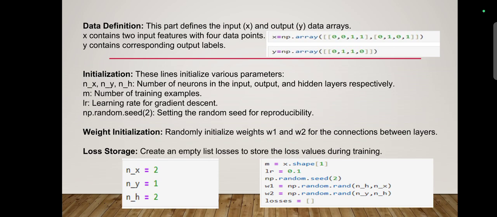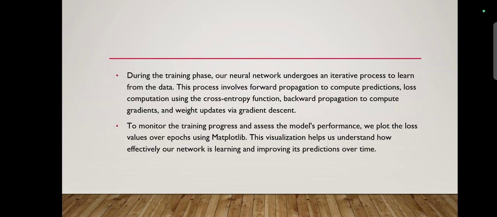The data is stored in various parameters like input and output, M for the number of training examples, L for the learning rate, and np.random.seed for setting the random seed for reproducibility. First, we initialize the weights randomly, and we create an empty list, losses, to store the loss values during training.